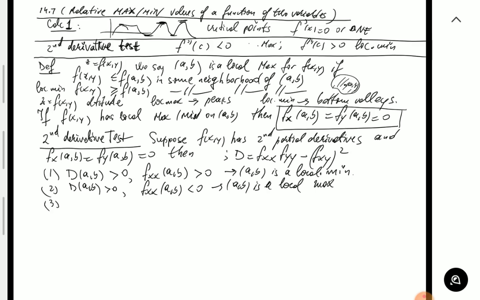And then there is a third case, which is specific to a function of two variables. If the discriminant D at (a, b) is strictly less than 0, then (a, b) is neither a maximum nor a minimum, but it still has a specific shape in the form of what we call the saddle.